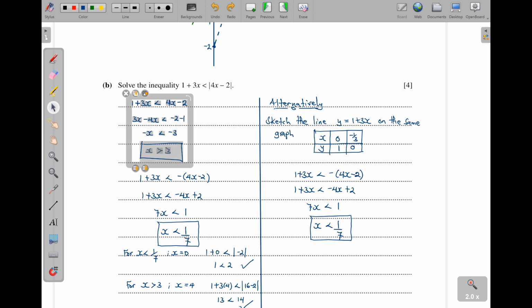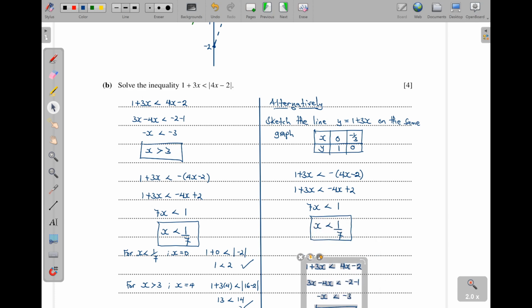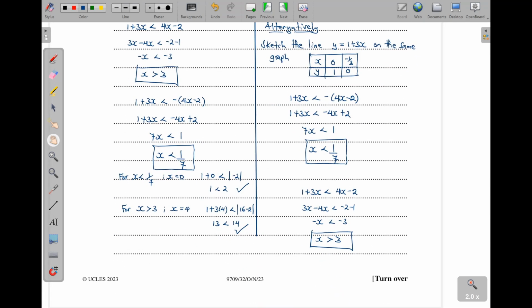I'll just copy it also and put it just down here. That's another calculation. If you did the sketching, this is what you get. And of course, when you sketch and then you prove that these ones are actually meeting, you don't need to test. The testing isn't needed here. Testing is needed where you split here.